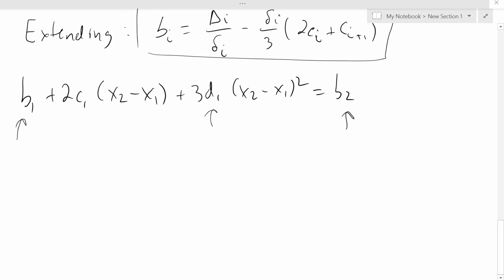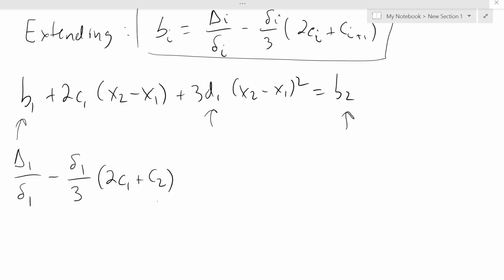Okay. So when we do this, we've got the B1 is our capital delta 1 over little delta 1 minus little delta 1 over 3 times 2C1 plus C2. That's B1, right? Again, I'm using a specific number here to start with, and then we'll just extend it later.